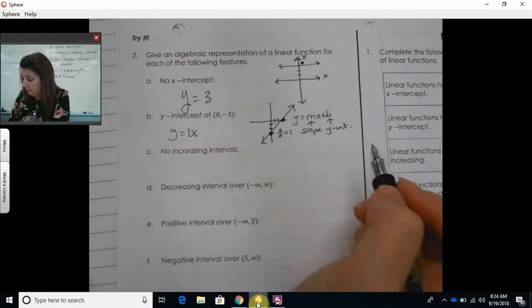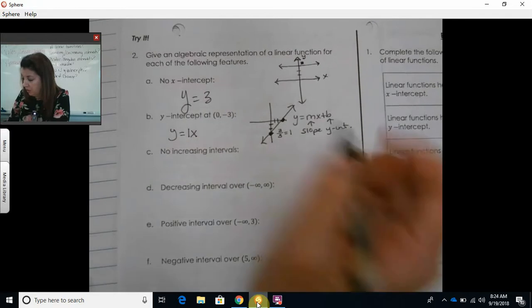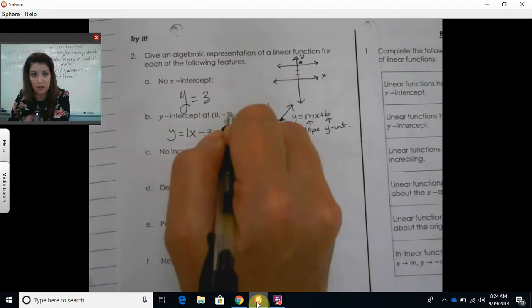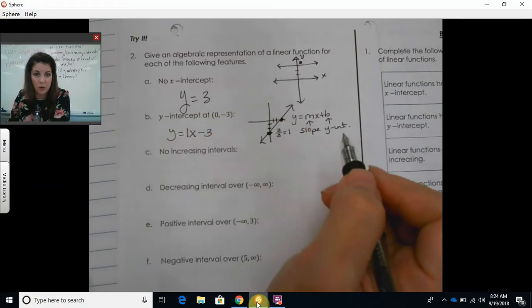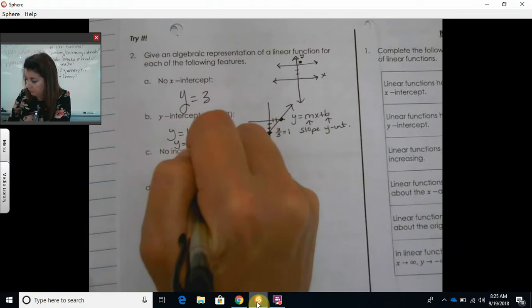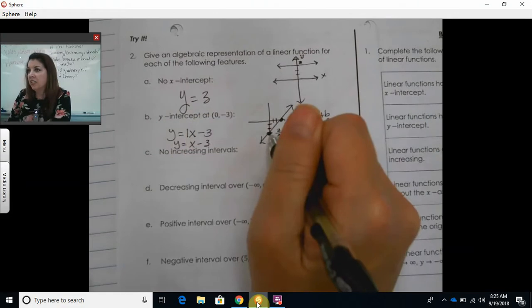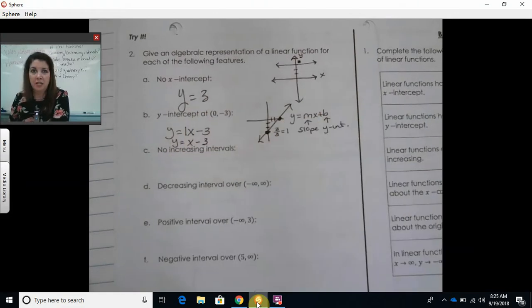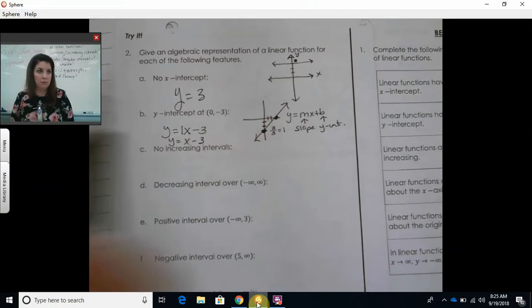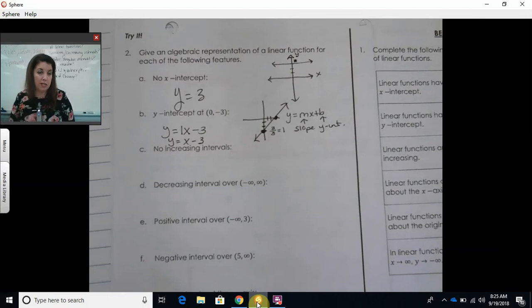What's my y-intercept? Where did it cross the y-axis? -3. That's where it told me to cross, right? And what I write, y equals 1x minus 3? I would just write y equals x minus 3. There are tons of different lines that you could draw with a y-intercept of -3. Since I don't have a graph readily available, I was just trying to do an easy slope, you know, slope of +1.